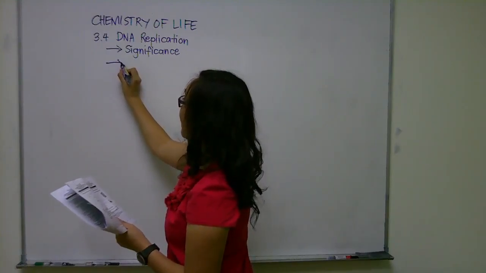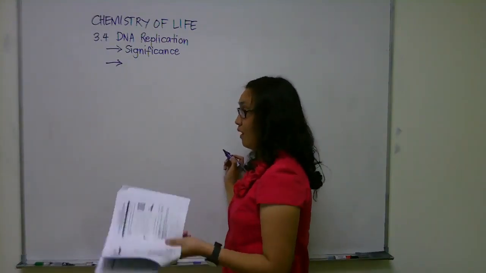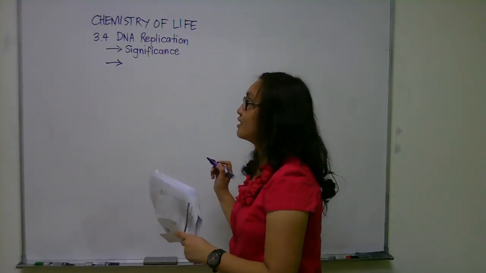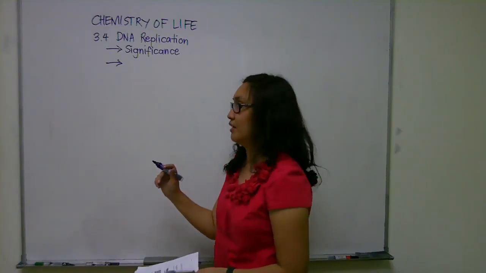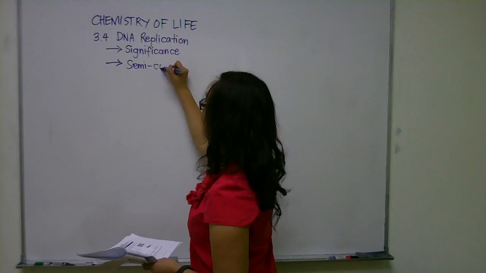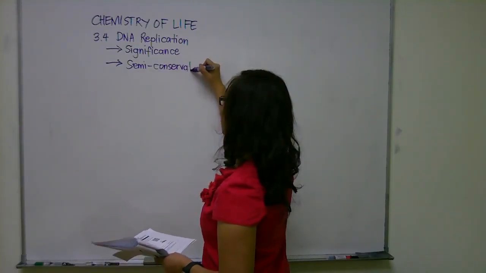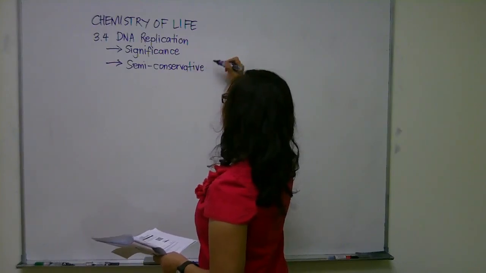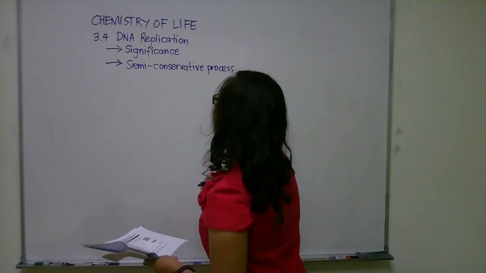As I have said in the previous video, the process of building the DNA is actually a semi-conservative process. There could be terms that are fairly new to students, so it's very important for them to be familiarized with this.